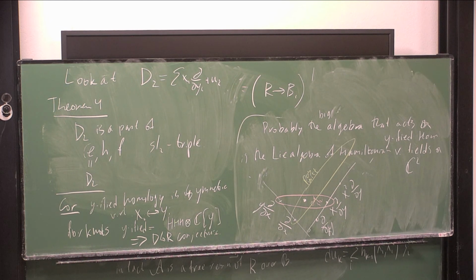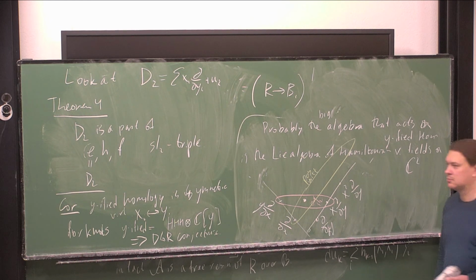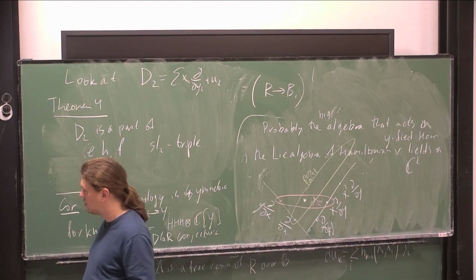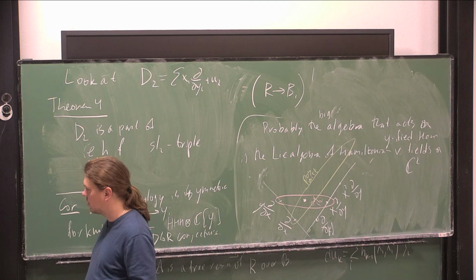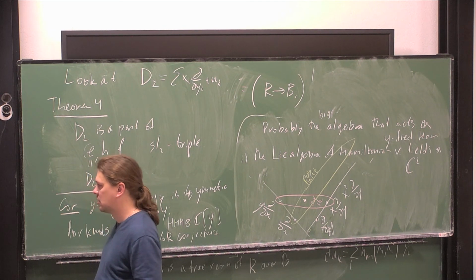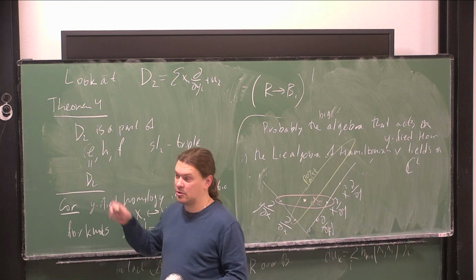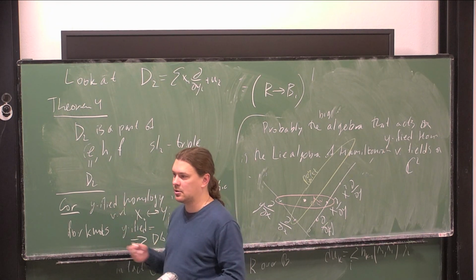The verified homology, as it's graded, how many gradings does it have? Still three: the 𝔰𝔩2, the polynomial grading, and the cohomological grading.